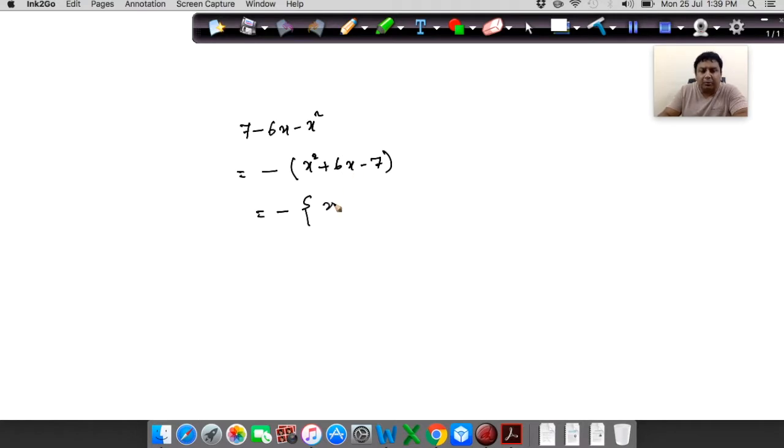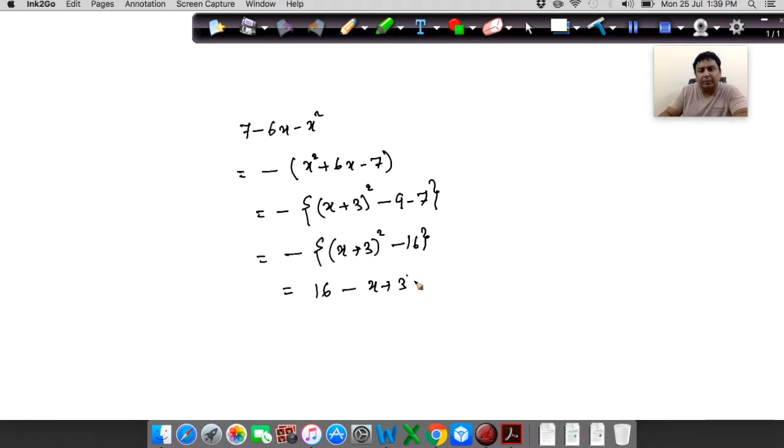So 6 by 2 is 3, we'll write (x + 3) whole square directly, and then minus square of this 3, that is 9, and minus 7 already present. So this gives me minus of (x + 3) whole square minus 16, which when we re-operate the negative sign, becomes 16 minus (x + 3) whole square.